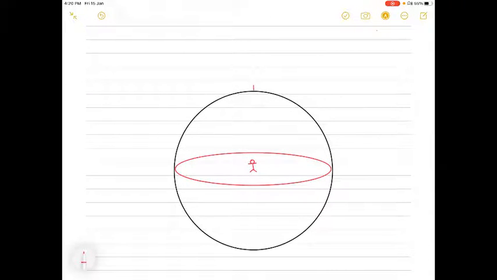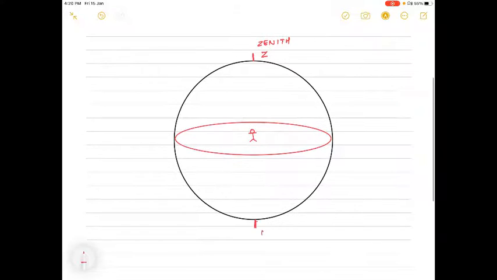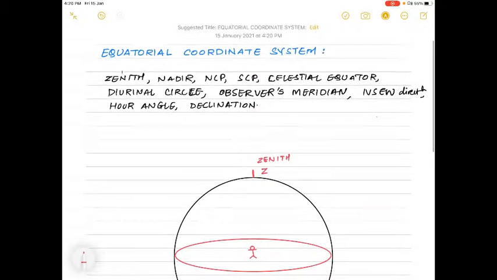The point which is above the observer, on the head of the observer, is called the zenith. We denote it by Z. The point which is below the observer is called the nadir. We will denote the nadir by Z prime. So the first two things are done: we know what zenith is and what nadir is.